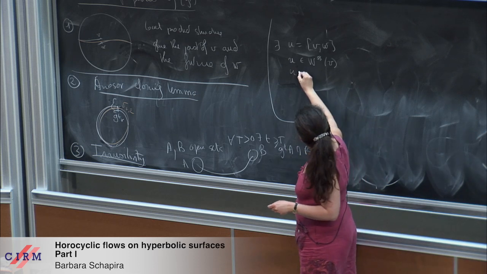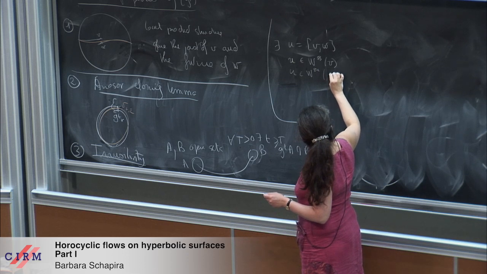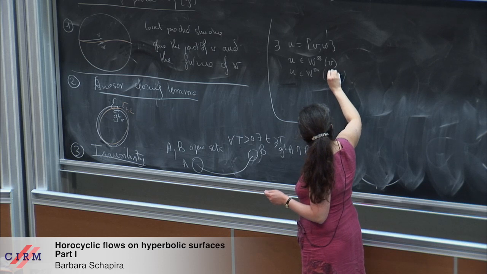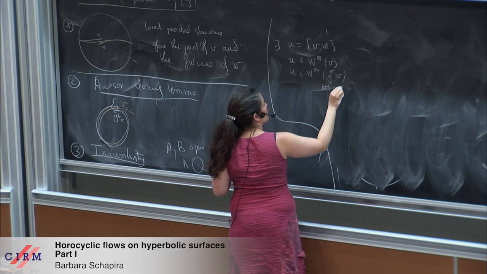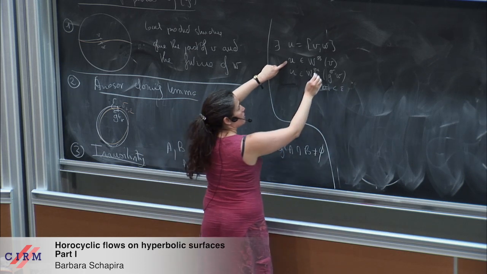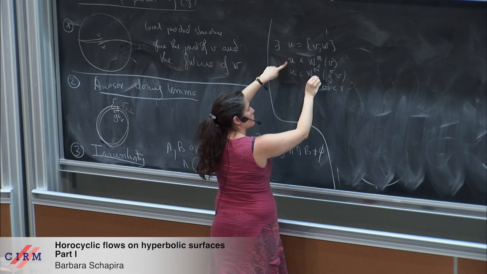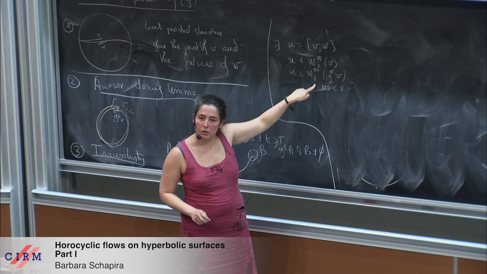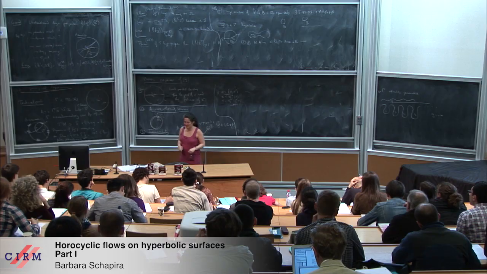So it belongs to the strong unstable manifold not of W, but maybe of g_sigma W with some sigma which is very small. Also, U is at small distance from V on the strong stable manifold and at small distance from g_sigma of W on the strong unstable manifold. That's what it means to glue the past and the future. Thanks for the question.